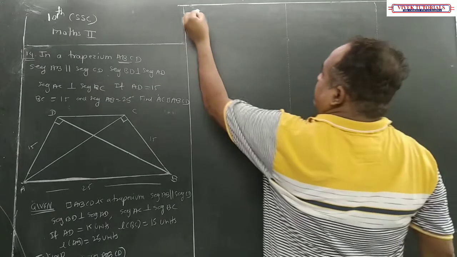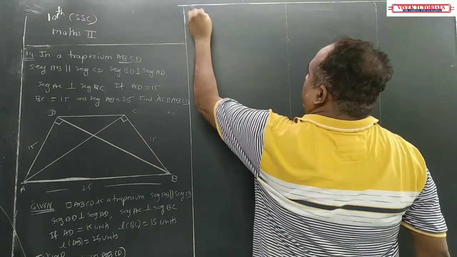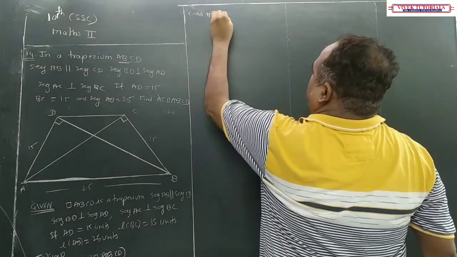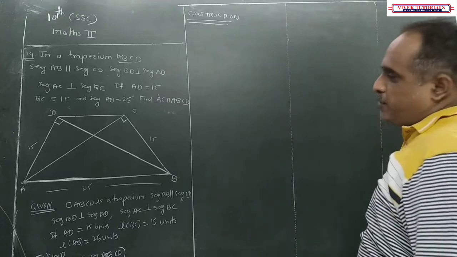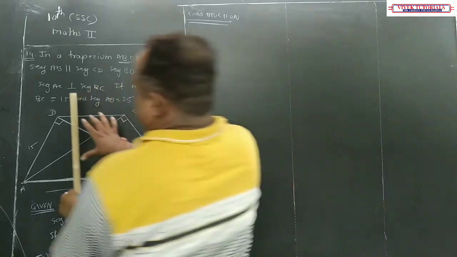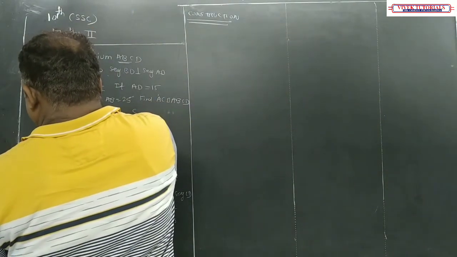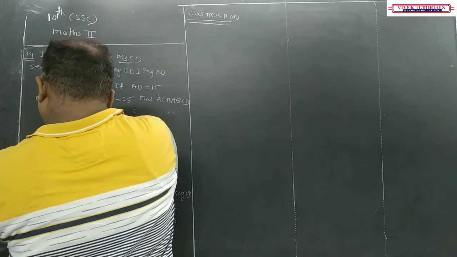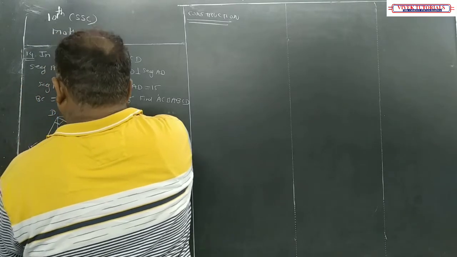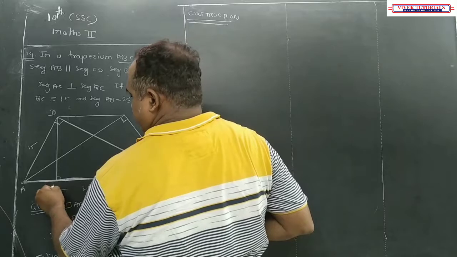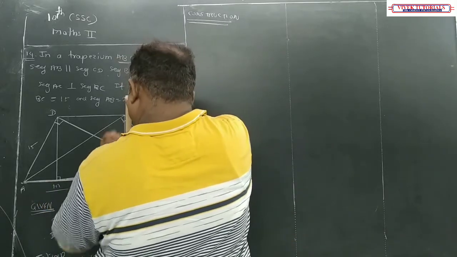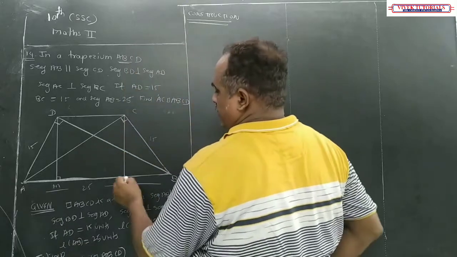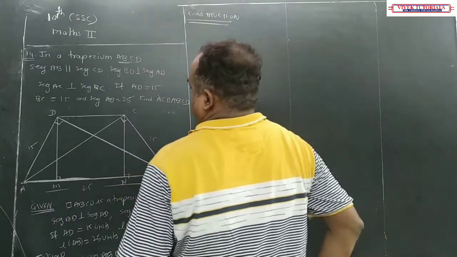Okay, so now the main thing is construction. In construction, we are going to draw segment DM perpendicular to segment AB, and segment CN also perpendicular to segment AB.